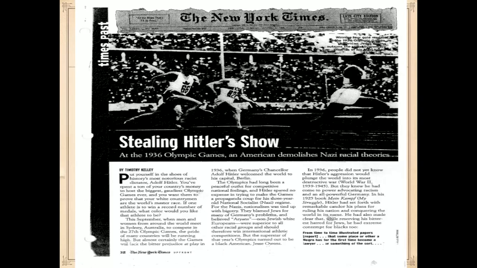All right, so one of the big stories of World War II, or prior to it, was the 1936 Olympics. This was before World War II started. So keep in mind that throughout the 30s, Hitler is rising to power. He gets elected. Most people think that he just took power. No, he was actually elected by the people of Germany into power.